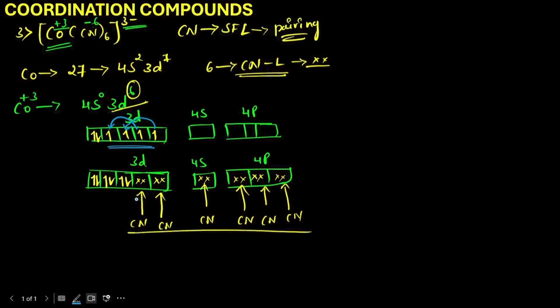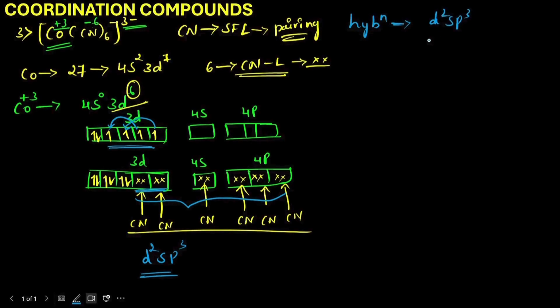Now name the orbitals which are involved in the bond formation. That is 2 d orbitals and 1 s orbital and 3 p orbitals. Therefore what is the hybridization here? Hybridization is d2sp3. What is the geometry for d2sp3 hybridization? It is octahedral.